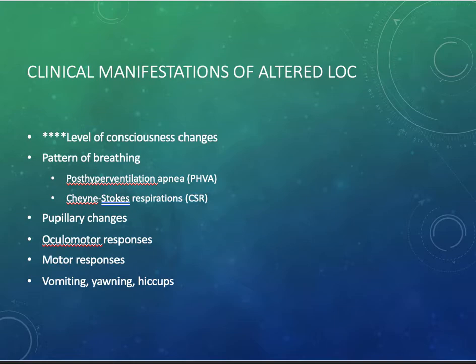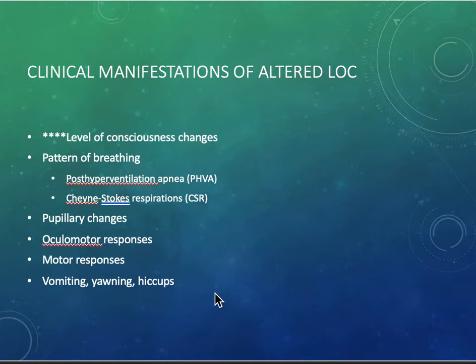So psychogenic changes in LOC may signal some kind of psychiatric disorder, okay? And sometimes with those psychogenic changes, the person may appear unconscious, but is actually physiologically awake. Okay. But it's a symptom of a psychiatric disorder.